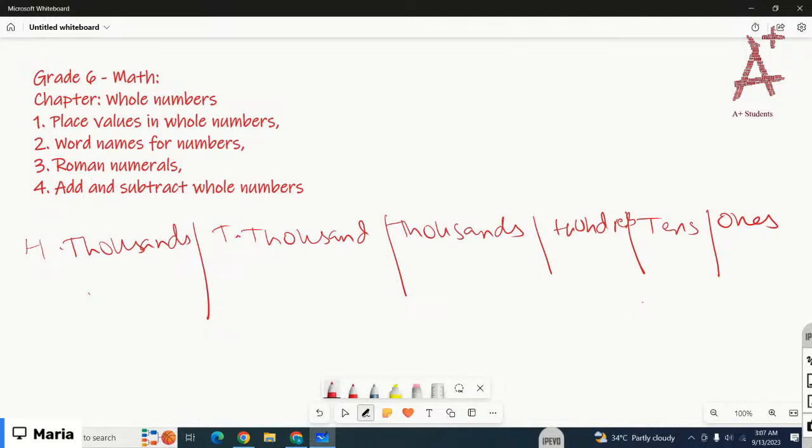The place value chart is a very useful table that helps us find the place value of each digit based on its position in a number. For example, we have the number 13,540. How do you read this number? 0 is at the ones position, that is the rightmost digit, which is always at the ones position. Then 4 is at the tens position, 5 is at the hundreds position, 3 is at the thousands position, and 1 is at the 10,000 position.